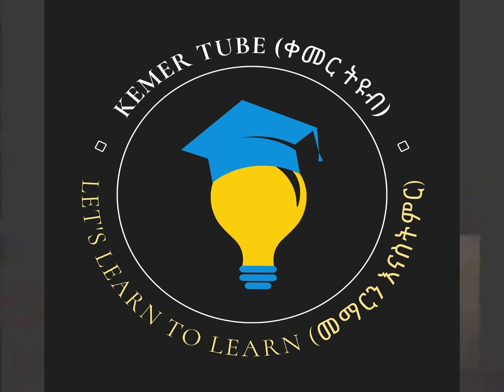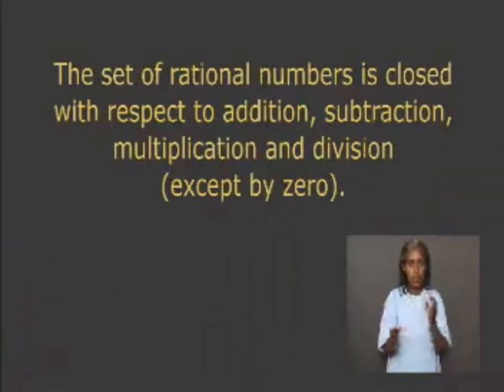If you add, subtract, multiply, or divide 2 rational numbers, you get a rational number.